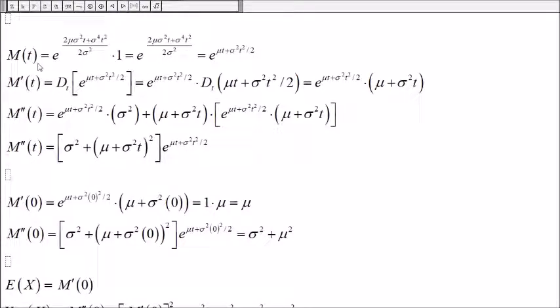So we have the moment generating function equal to this. This is a function of t. And now we take the derivative with respect to t. The derivative of this expression with respect to t would be e to the mu t plus sigma squared t squared divided by 2. And then we have to use the chain rule. We have to multiply by the derivative with respect to t of the exponent expression.